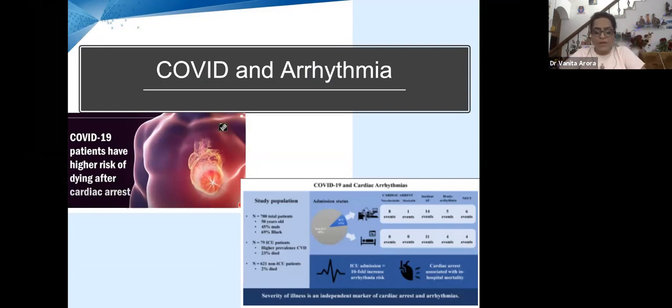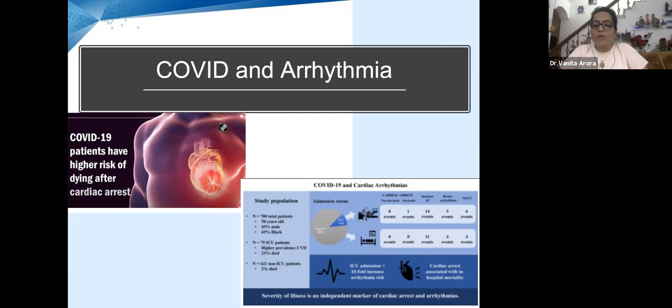So it is important to monitor the rhythm of the patient when admitted, to know if the patient is having bradyarrhythmias, tachyarrhythmias, or frequent VPCs. Then the patient should be evaluated further with an echocardiography, to look for any LV dysfunction, and keep a very close watch on these patients for any occurrence of arrhythmias.